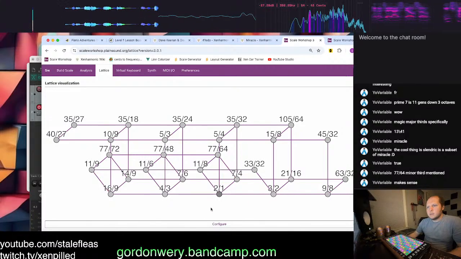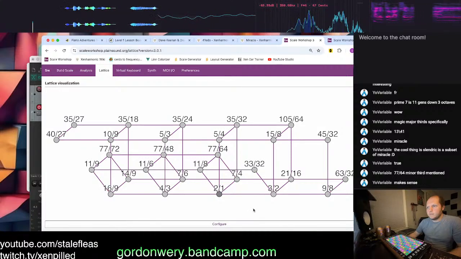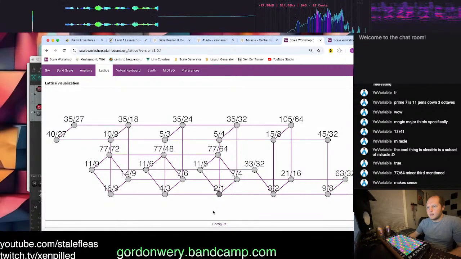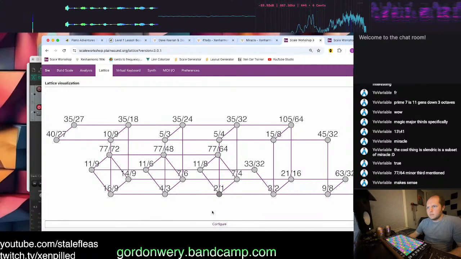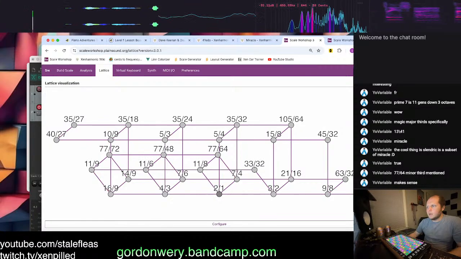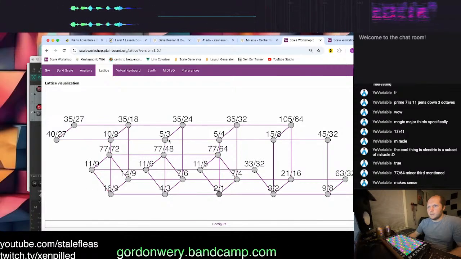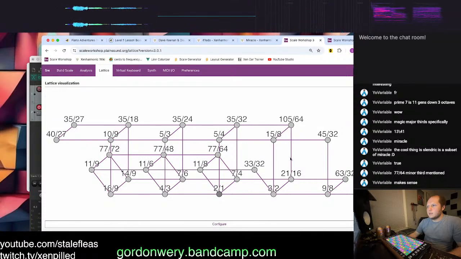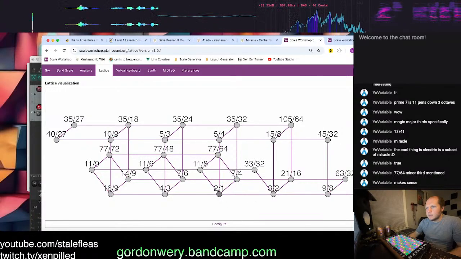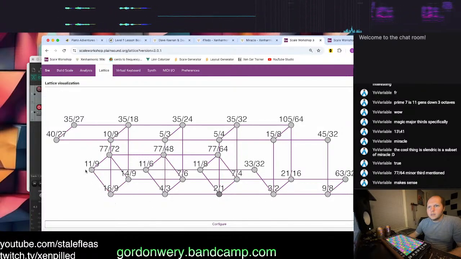Each direction corresponds with a different prime. Horizontal is going by your threes, vertical goes by fives, diagonal right goes by your sevens, and diagonal left goes by your 11s.